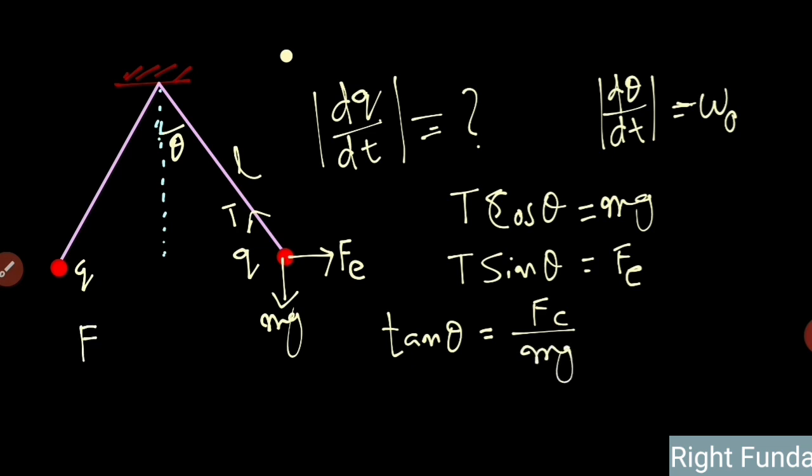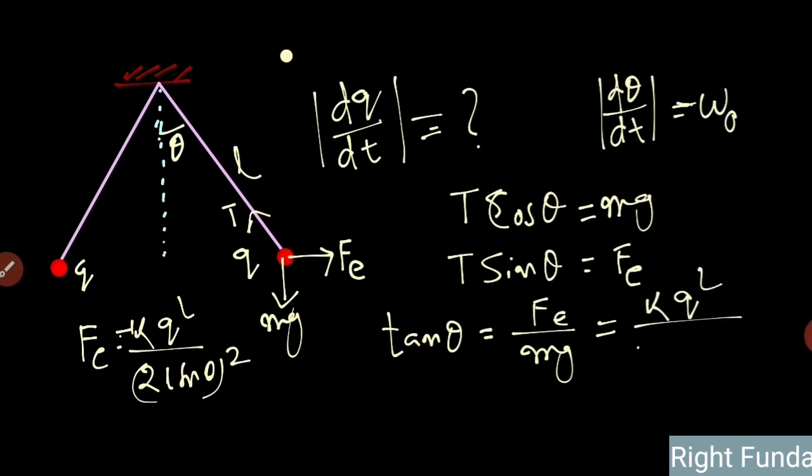Fe is kq²/d², where d is the separation between them, which is 2L sin θ. So I get tan θ = kq²/(4L² sin²θ mg). This is my tan θ expression.